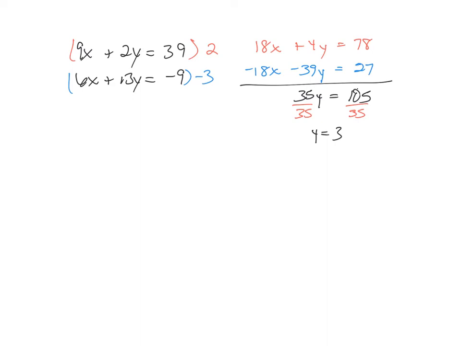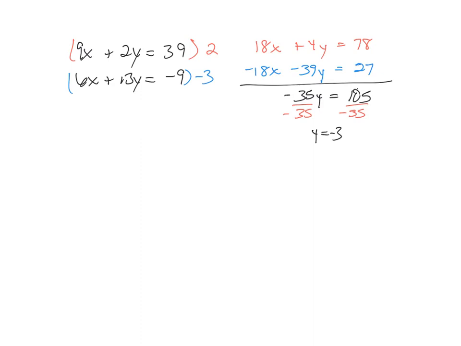Oh, I messed up something. 4 and negative 39 should be negative 35. So negative, negative, and y equals negative 3. So yeah, you've got to be careful of the signs. You know, I went a little bit too fast right there and almost forgot a negative, so just be careful.